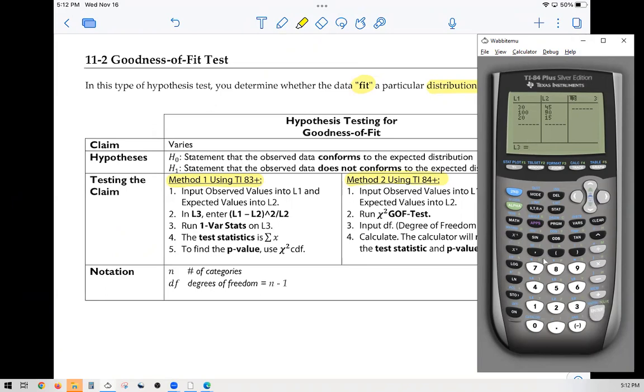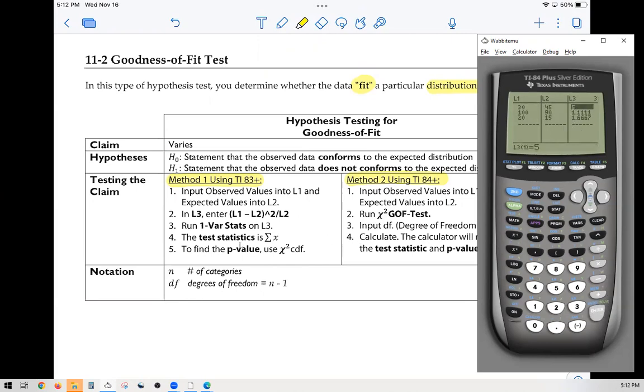We're going to define it as L1 minus L2, raised to the second power and then divided by L2. So that is what we want to input: L1 subtract L2 raised to the second power, making sure you put parentheses around L1 minus L2, and then dividing by L2. And that's going to create a third list.